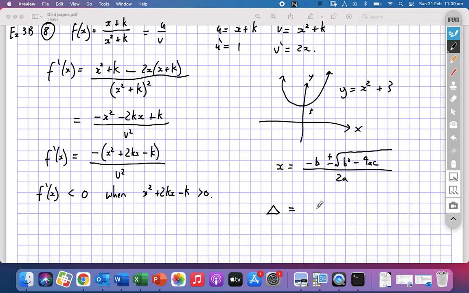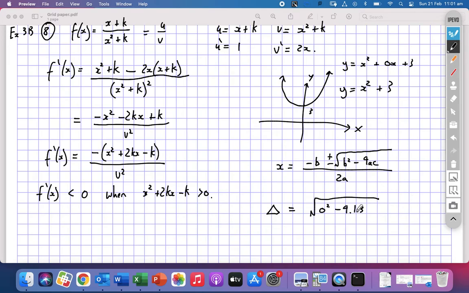So, for example, if I put this in, I might need to stop and think, what's the b term here? It's a 0. 0x plus 3. So my discriminant would look like 0 squared, which is pretty easy, minus 4ac, minus 4 times 1 times 3. So I get minus 12.